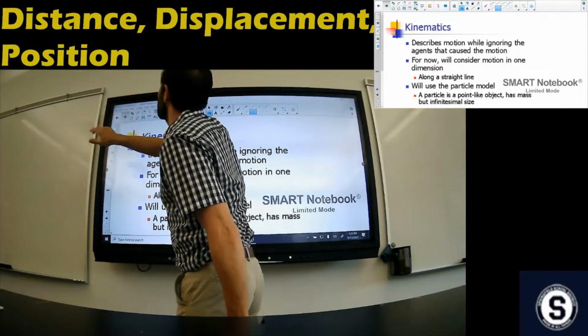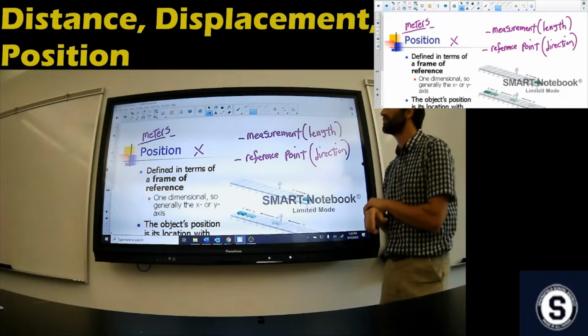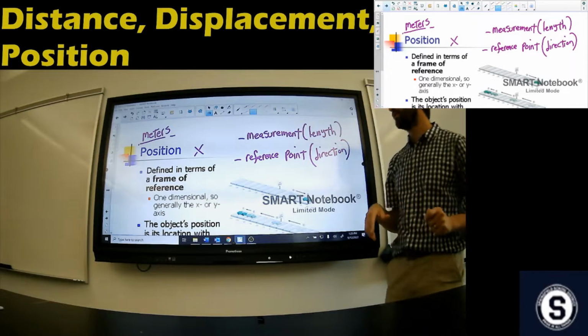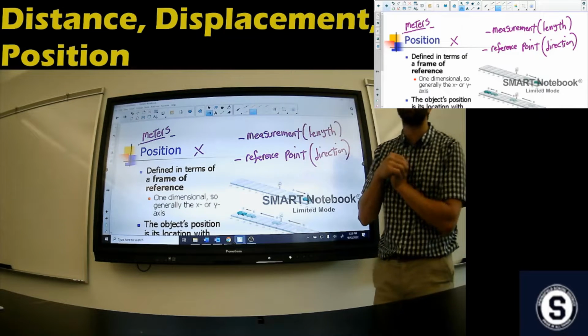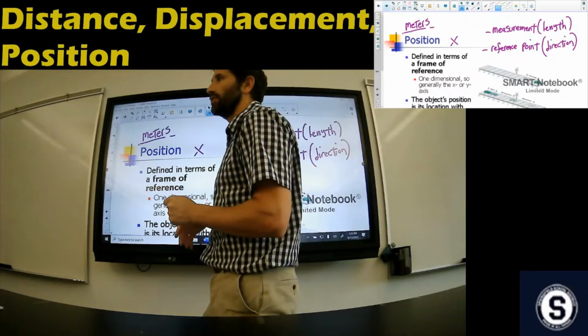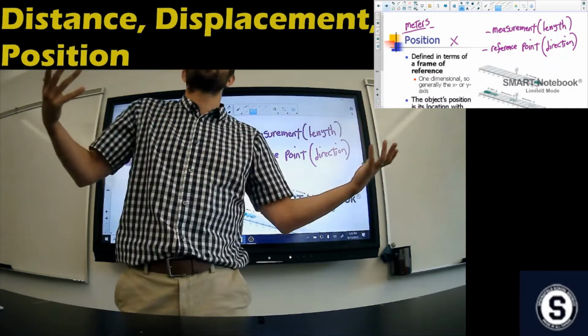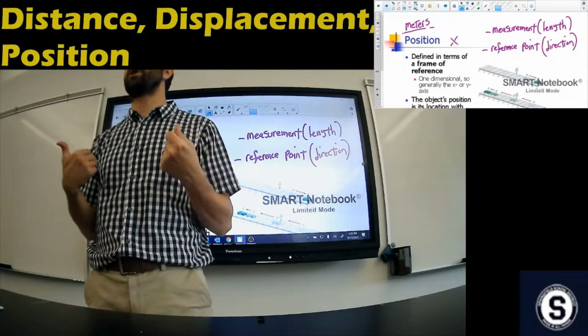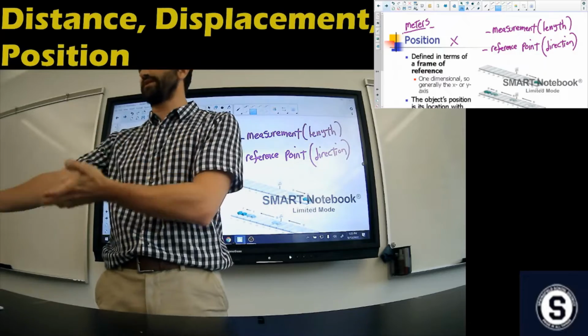All right, so the first term that we need to talk about is position. You'll notice it says here position is defined in terms of a frame of reference. Here's what I want you to imagine right now. Imagine that I said to you, I want you to describe what my position in the room is right now, and I asked you to write that down.